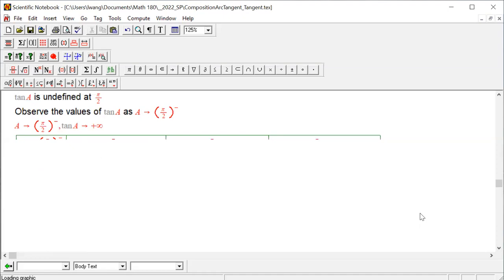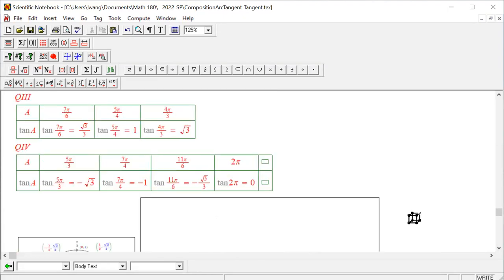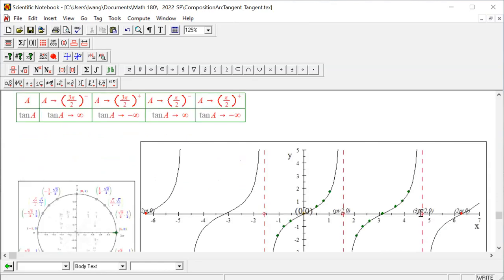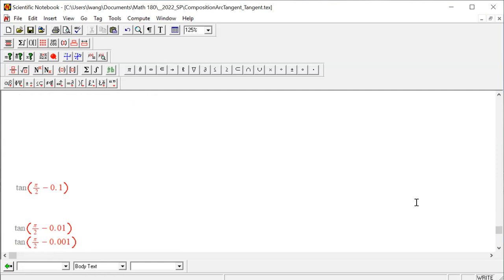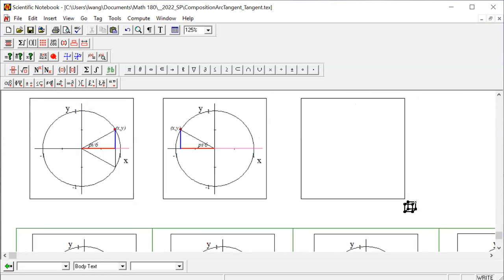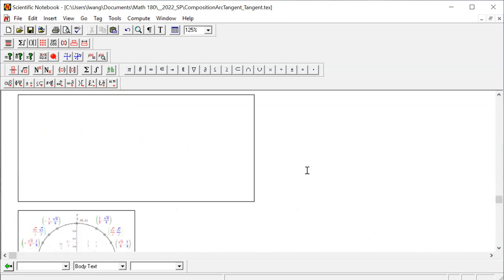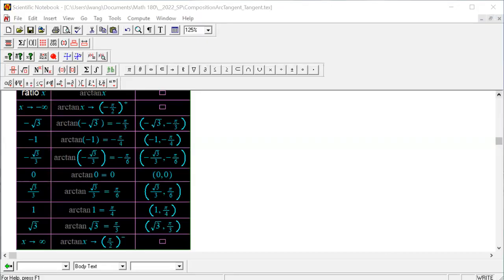Where's my arctangent table? Okay, I found it.